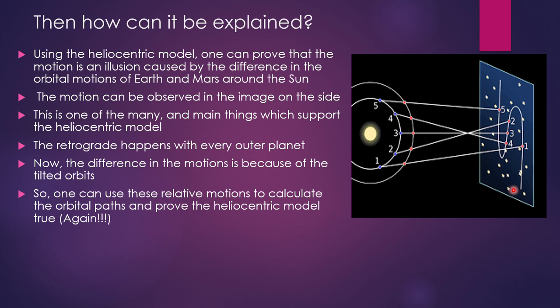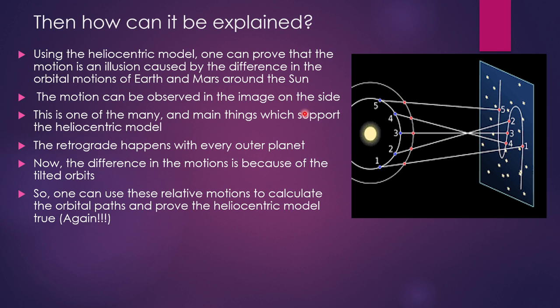And as you overtake Mars, after another few days, you'll observe that it has again turned its direction and now it is going in the same direction as it was going earlier. And that's the illusion we observe and call a retrograde.